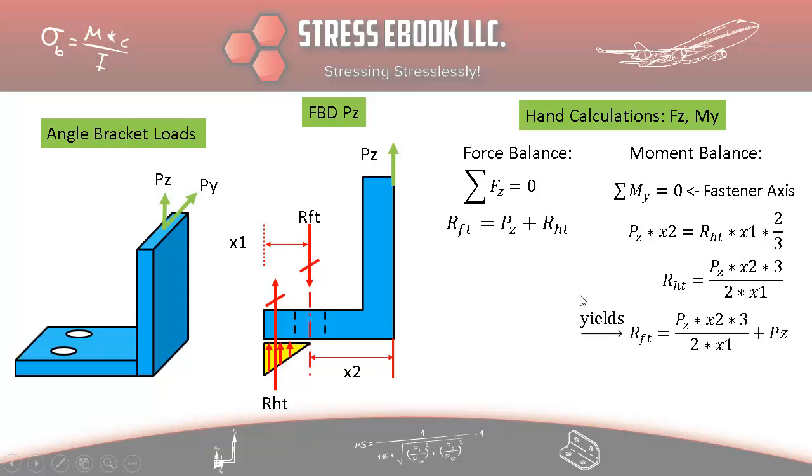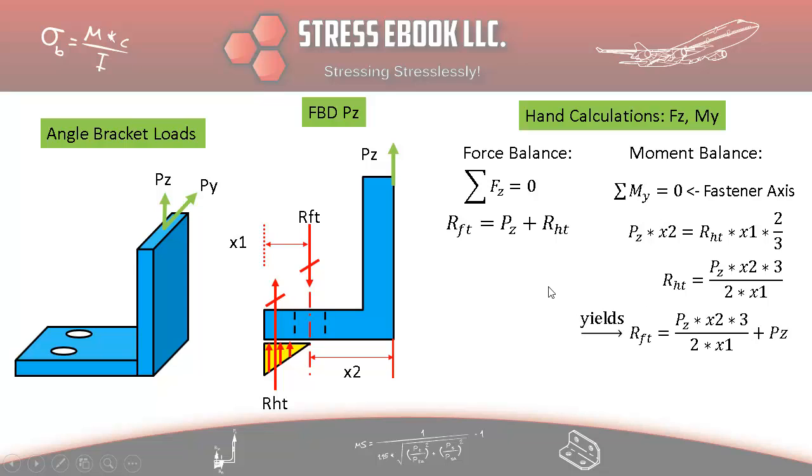The next thing is that this yields the fastener tension, which basically says the fastener tension RFT equals PZ plus RHT, which is this guy here. So we simply add PZ to the heel toe reaction to get our fastener tension. However, this is the total fastener tension load.